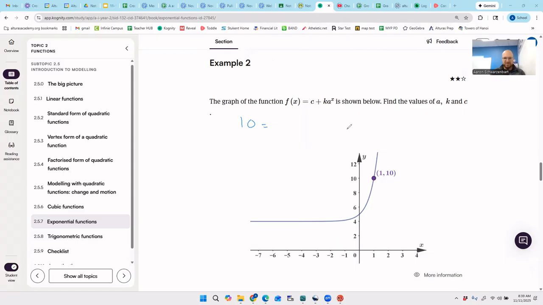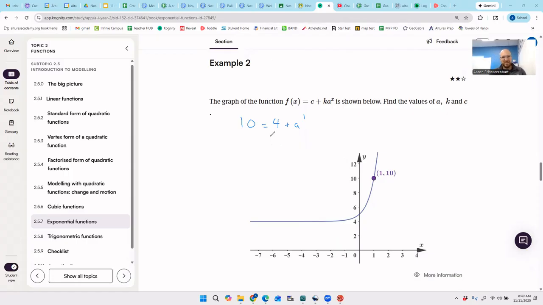Am I allowed to assume that c is 4 and k is 1? I think I have to. A is 6. I think I have to assume that. Because it looks like C is 4, right?